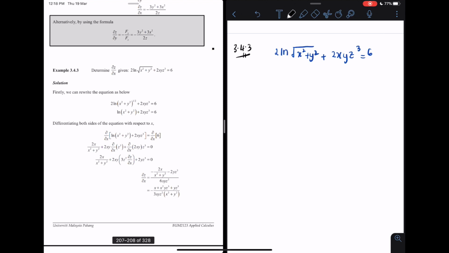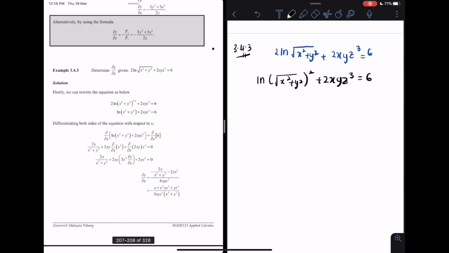As you can see on the first term, by using the properties of the logarithmic function, you can always bring the coefficient behind it. So in this case, I will get ln of x squared plus y squared, squared, plus 2xyz cubed equal to 6.